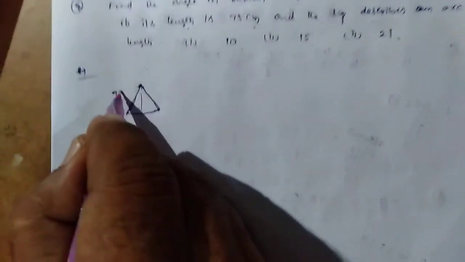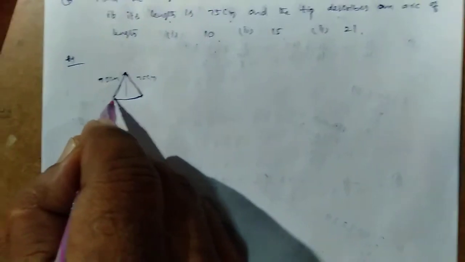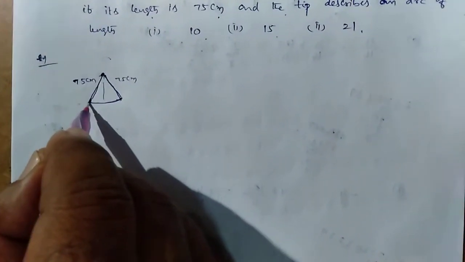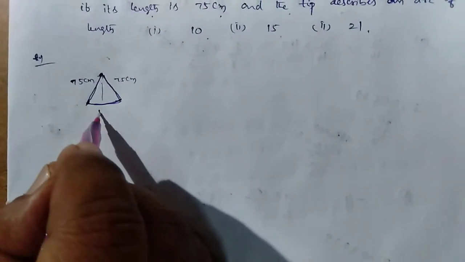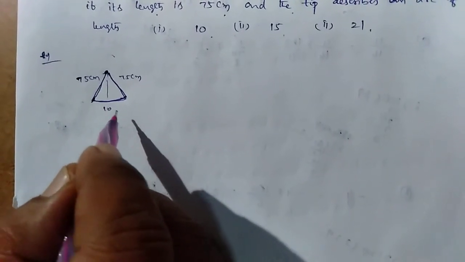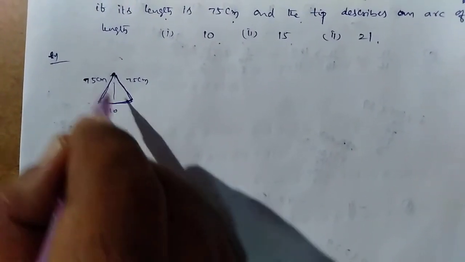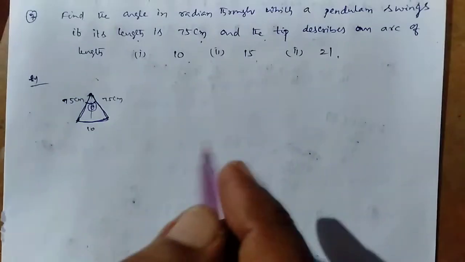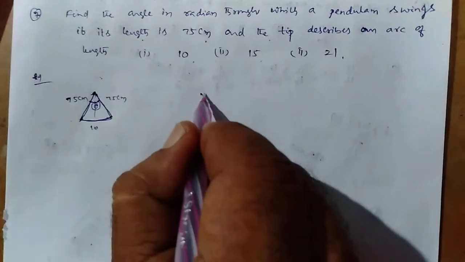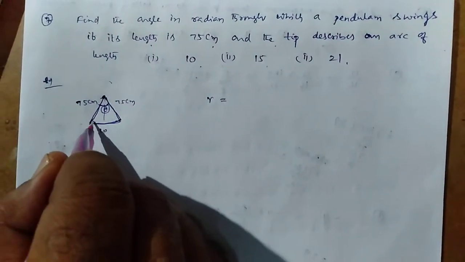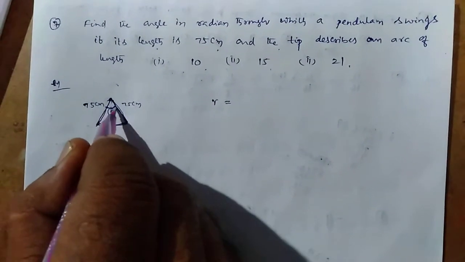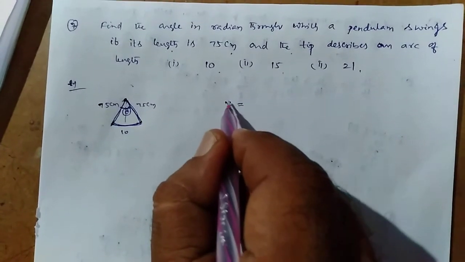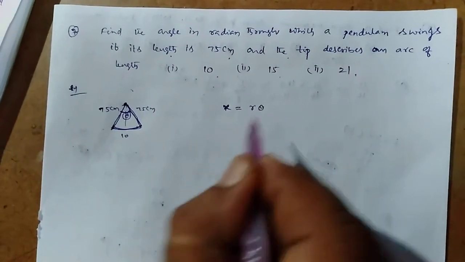This length is given as 75 centimeters. This is also 75 centimeters. And the arc length is also given, in the first problem 10 centimeters, and it is also given as 10. We have to find the angle in radians, so we have to find the theta value. As we know, the relation between arc length, radius and angle subtended is x is equal to r into theta.